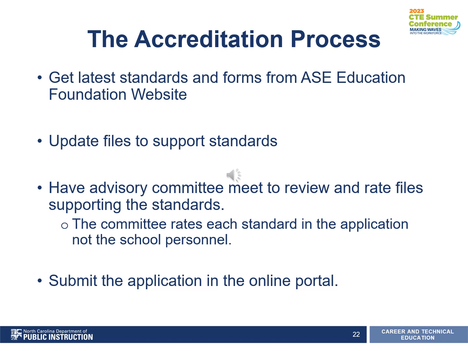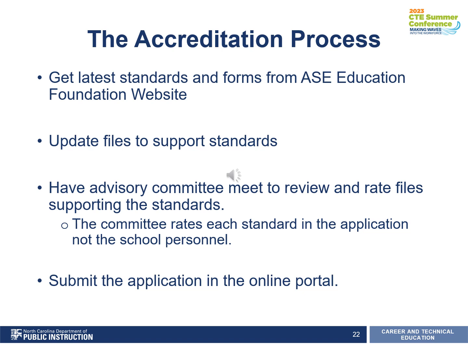So the advisory committee comes together to review and rate the standards. The school instructors and administrators do not rate the standards. It's the advisory committee basically saying, this is how we see our program. And they rate it 1 to 5.